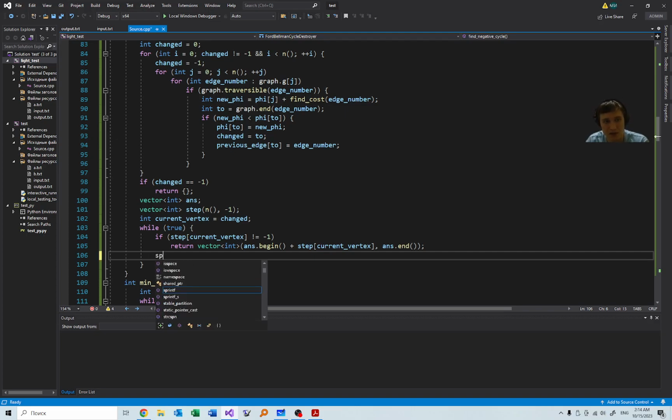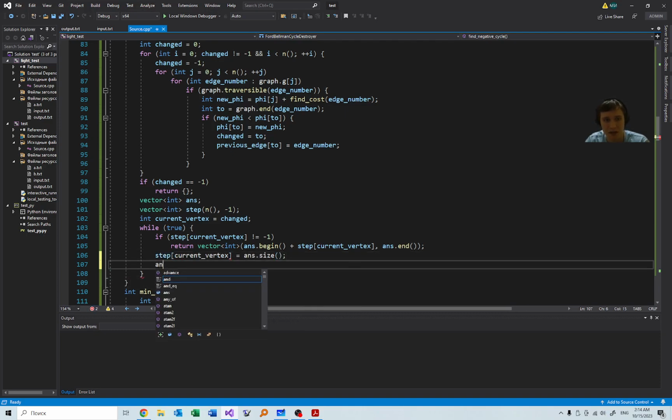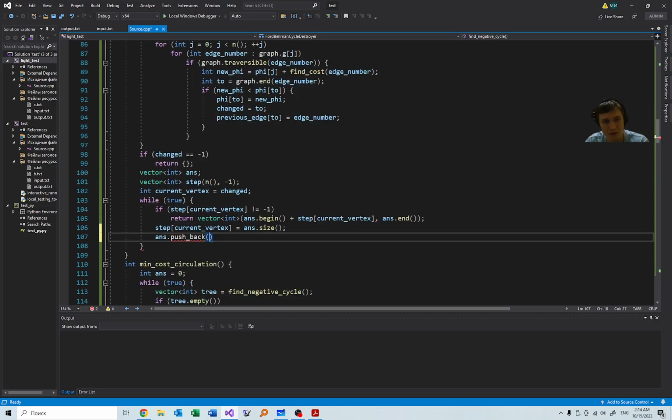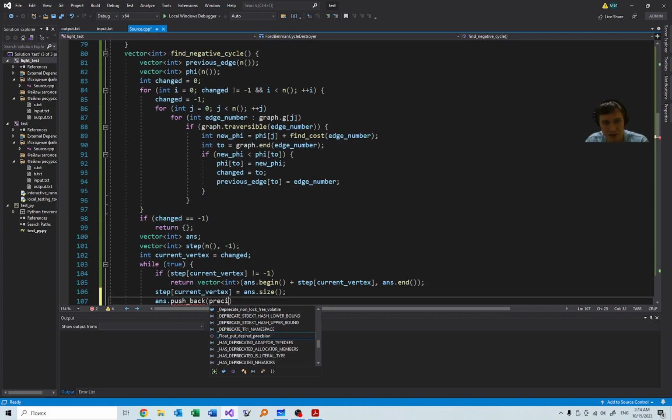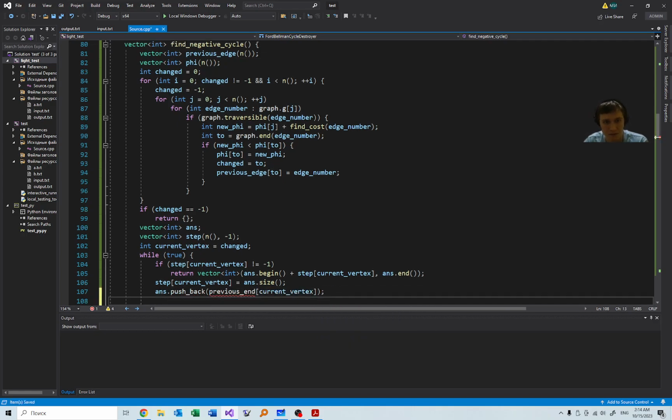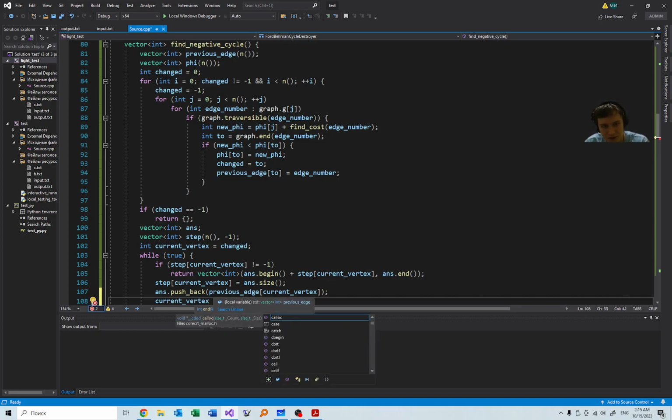I say that now step of current vertex equals ans.size, ans.push_back the edge previous edge of current vertex, then I say that current vertex is graph.end of not this previous edge.